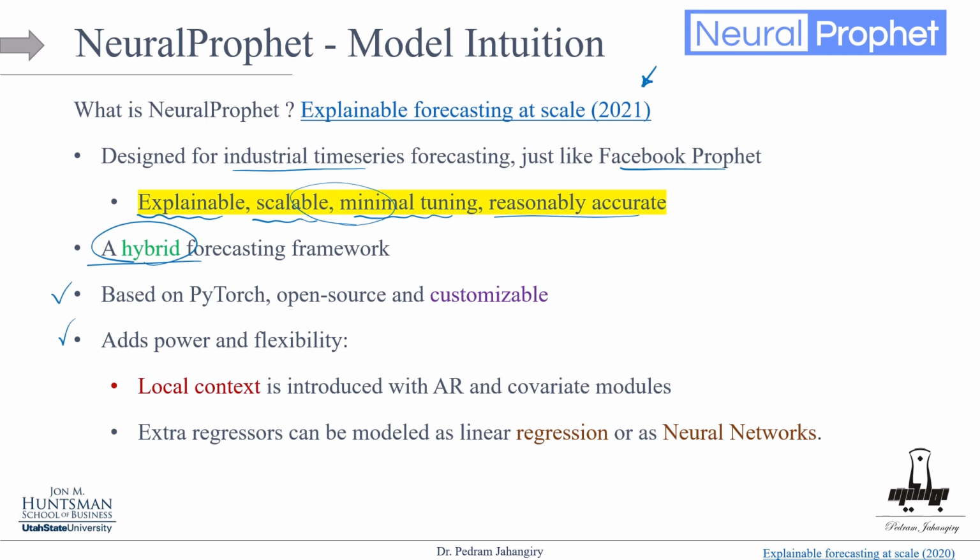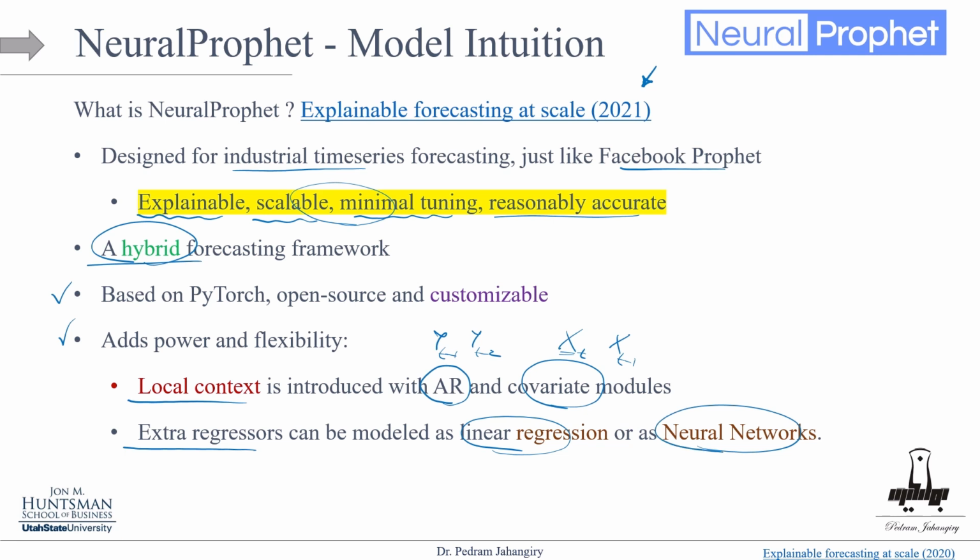With that, NeuralProphet is going to add power and flexibility to your time series forecasting by capturing the local context, which is introduced by adding the autoregressive components and also some covariate modules. These are some extra regressors, right? These are lag values, y(t-1), y(t-2), etc. And these are other extra regressors that you can add, or the lag values of those, right? And these extra regressors can be modeled in a linear fashion as a linear regression or with a neural network.